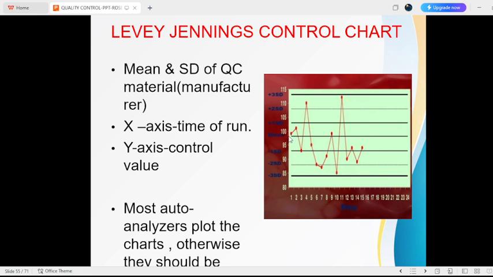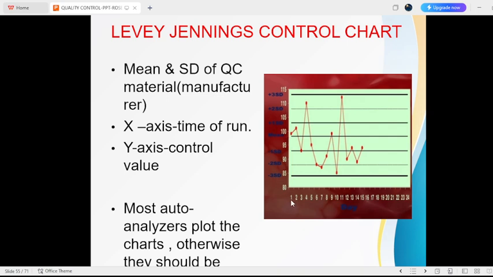Each day we have 1, 2, 3, 4, 5 up to 24, and the concentration axis is 80, 85, 90, 95, 100, 105, 110 and 115. So our mean is nearly 98.